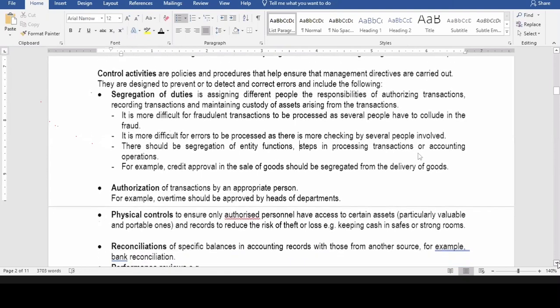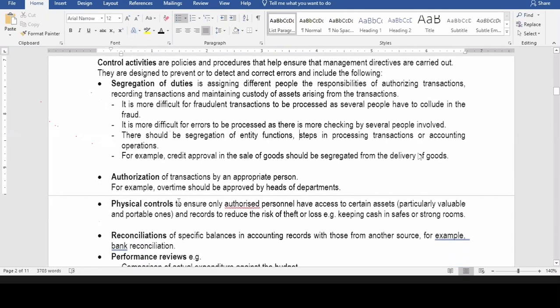Let me not even do physical controls to ensure only authorized personnel have access to certain assets. Physical controls could be like that bulletproof glass you see in the bank. It prevents that counter. It's bulletproof. You cannot go inside where the money is.